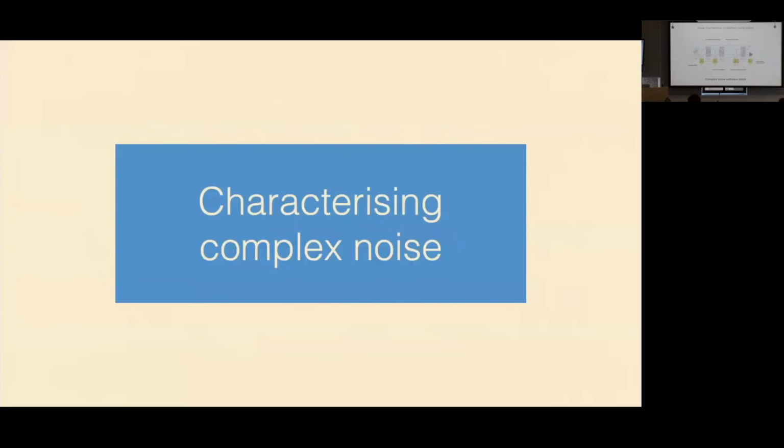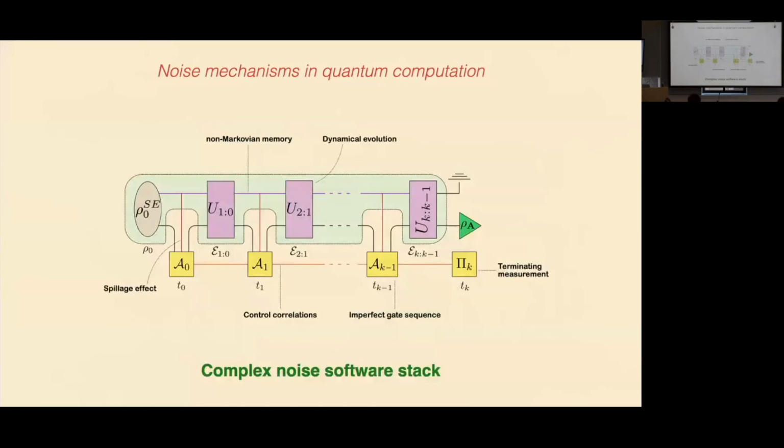All right, so how do we do it? Well, okay, first we need to identify the mechanisms for error. So again, this is the process tensor. As we said, this is non-Markovian memory, but we also have a different notion of errors where the errors may exist in the control and may exist in the measurement.